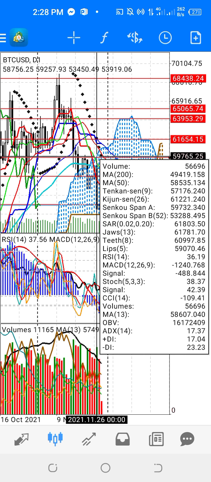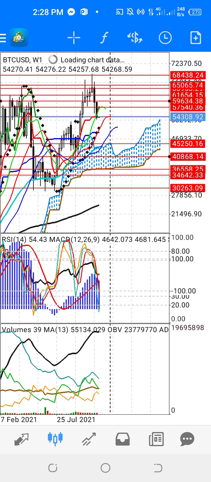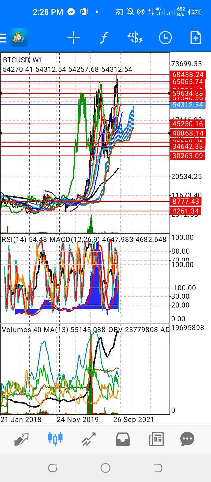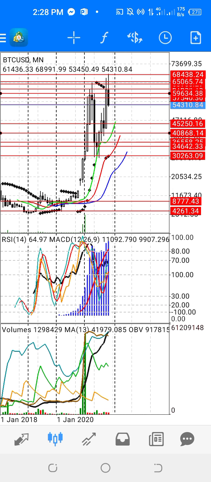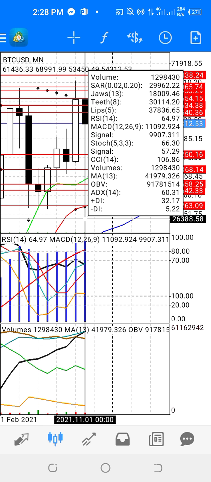So for me, for next week's top-down analysis, based on the monthly, there is still a possibility that it will go higher. The price will go higher. The momentum.